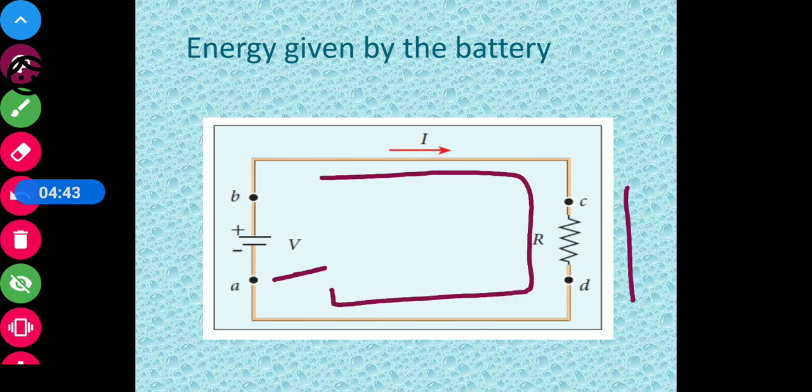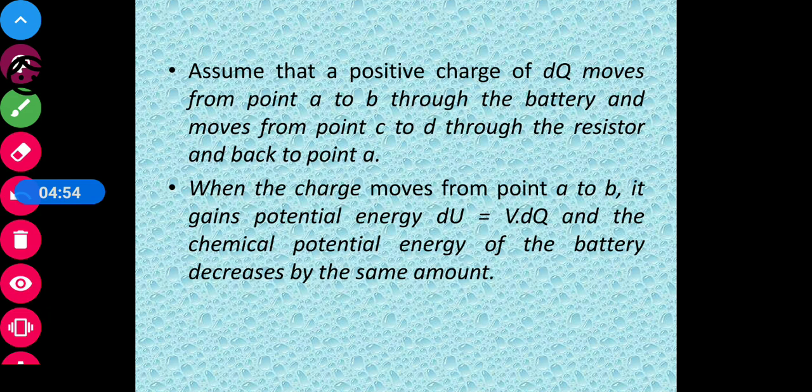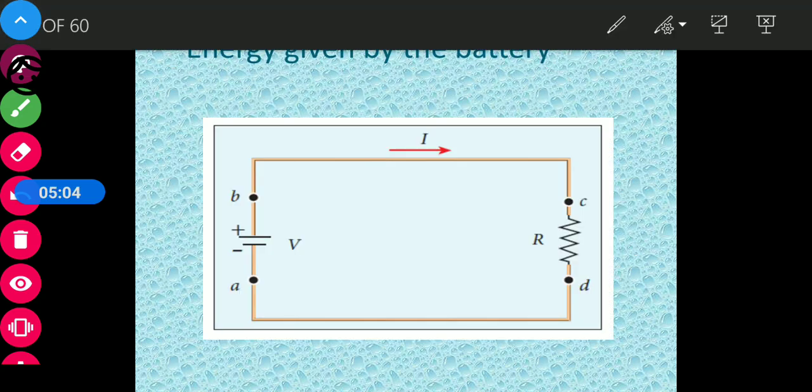To understand it, let us consider that a small positive charge dq moves from point A to B inside the battery.